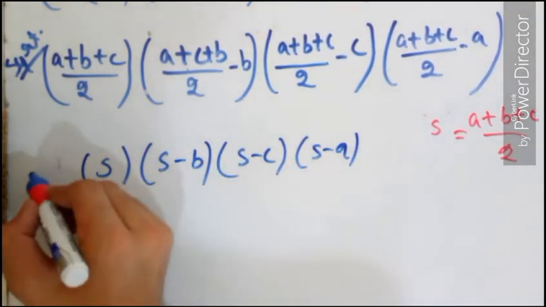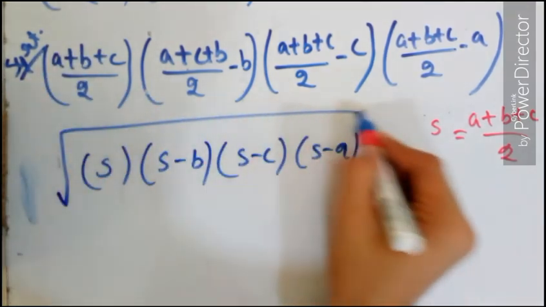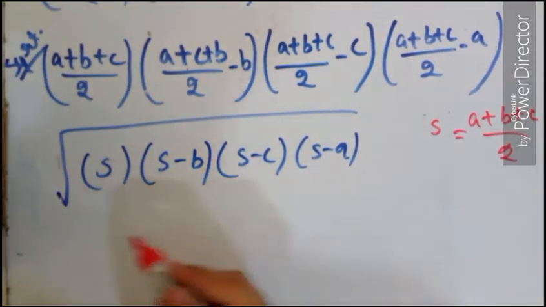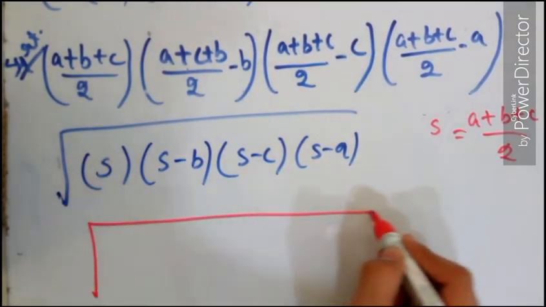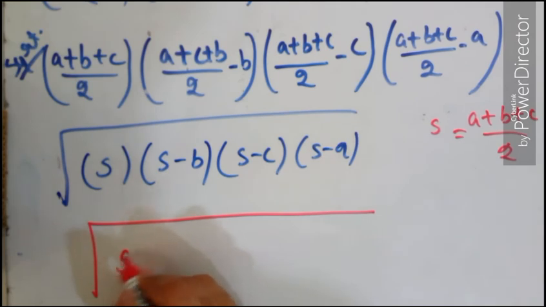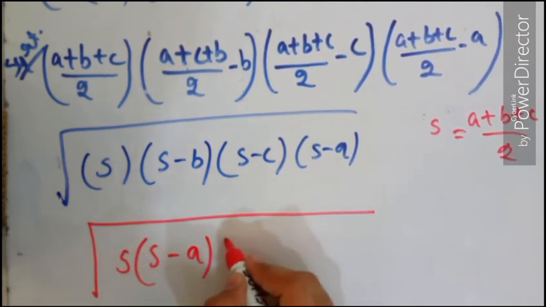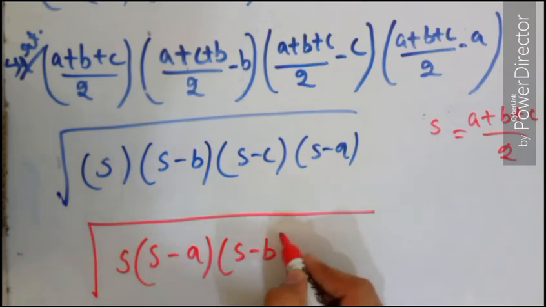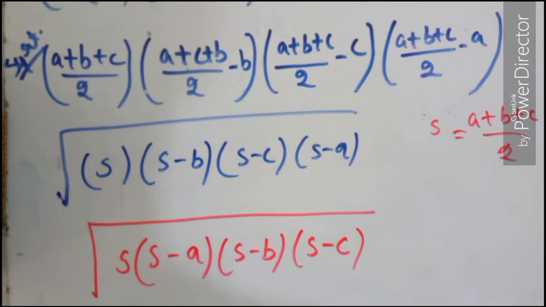This was whole under the square root. So finally, after rearranging it, we get Heron's formula right here, that is square root of s into (s minus a) into (s minus b) into (s minus c).